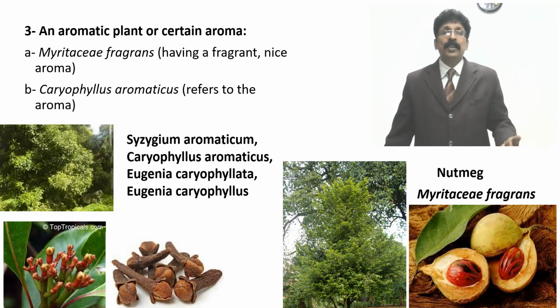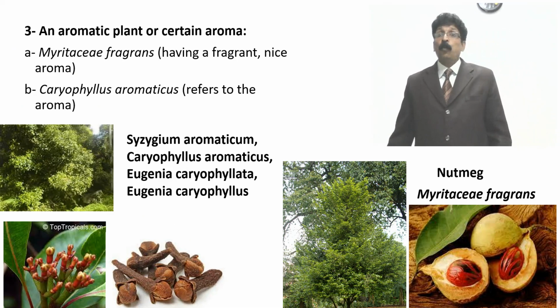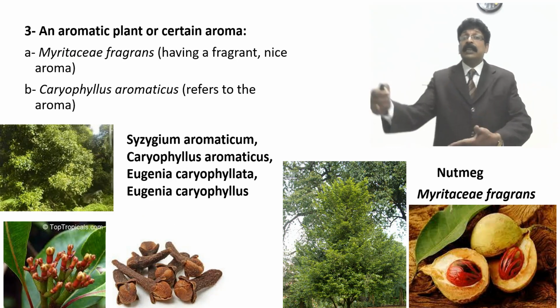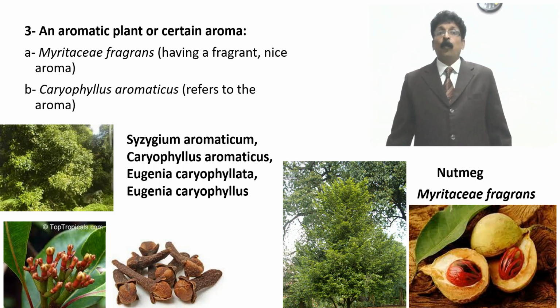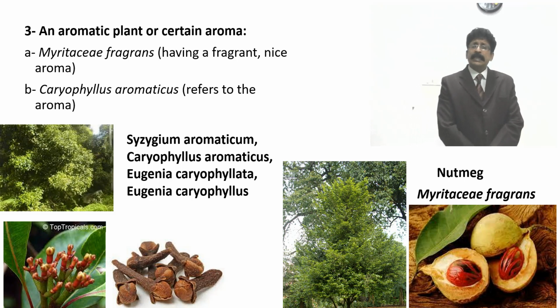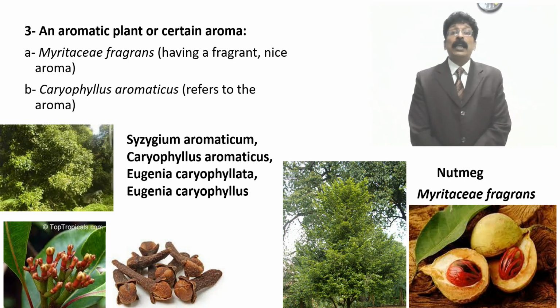This is the plant which is widely cultivated in our place in Kanyakumari district and in Kerala. We have clove cultivation, and it gives a good yield. Estates are available for this.